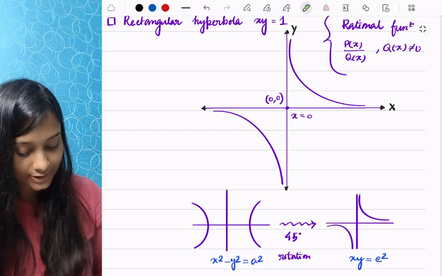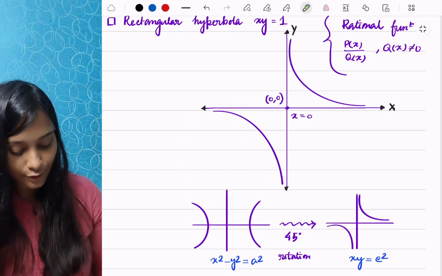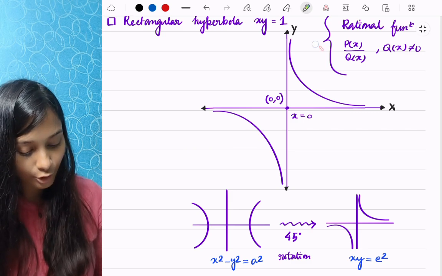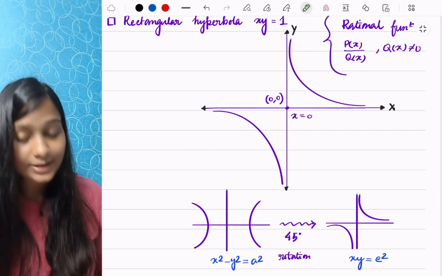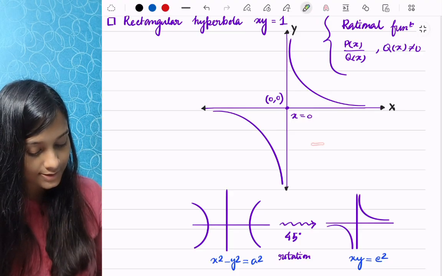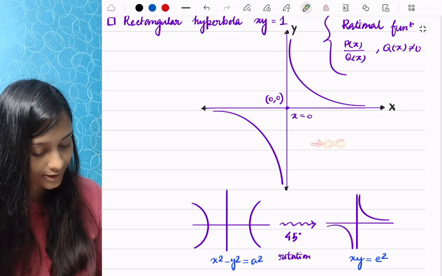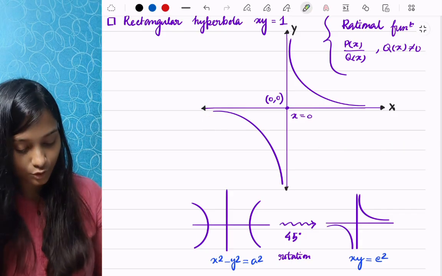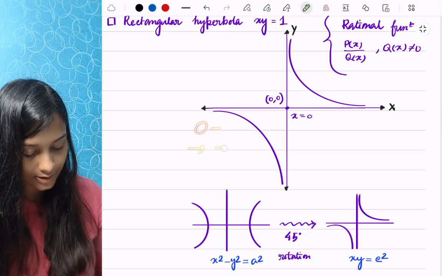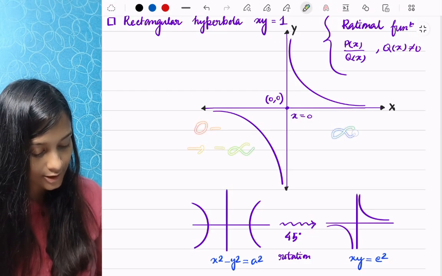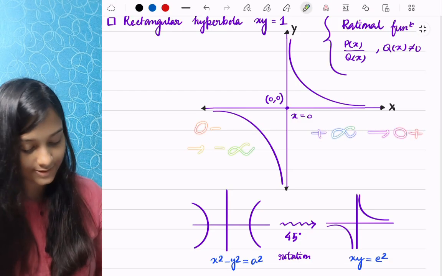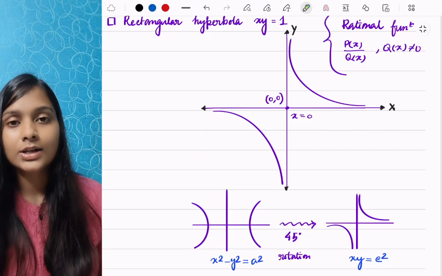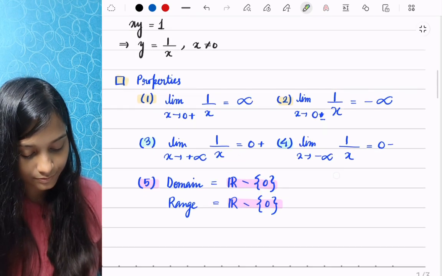Here for this part, it decreases from 0 minus to minus infinity, and for this part, it decreases from plus infinity to 0 plus. So obviously from the graph it is apparent that this function is a decreasing function.